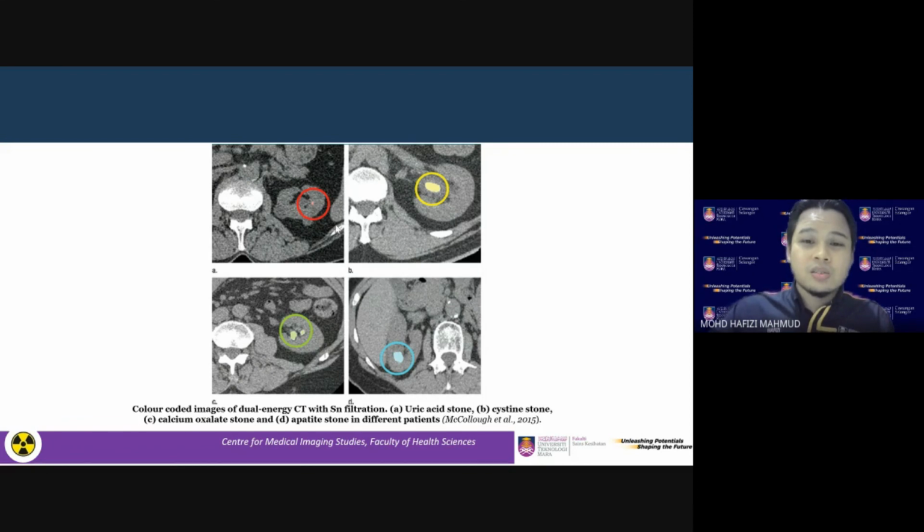Based on the color coded mapping, image A is a uric acid stone, B is a cysteine, this one is calcium oxalate, and this is an apatite stone. So you can say that the color coded map software is very useful to characterize and differentiate the subtypes of kidney stone.